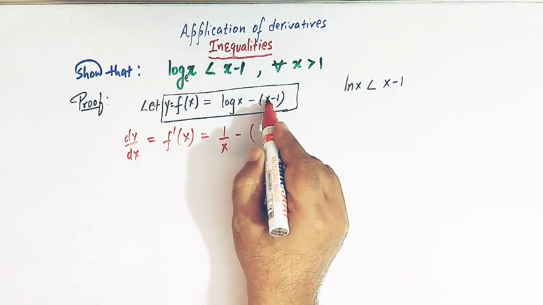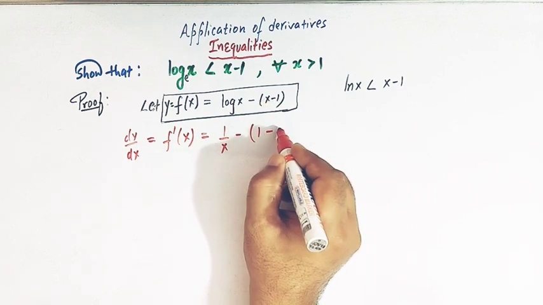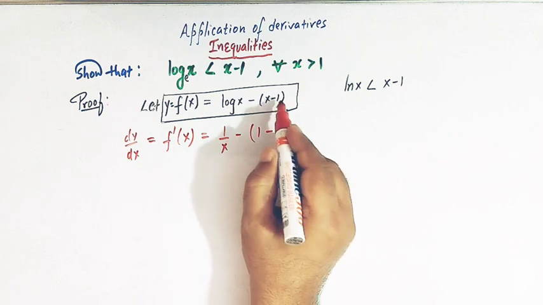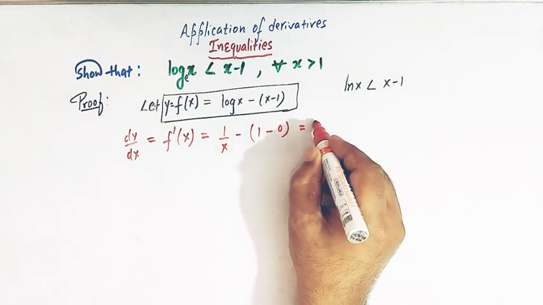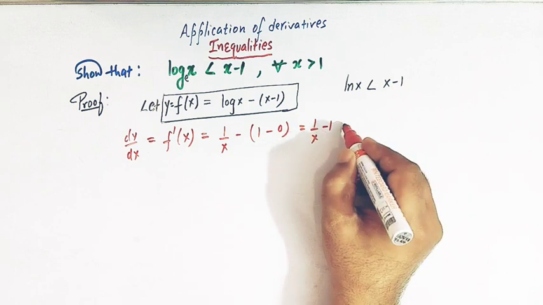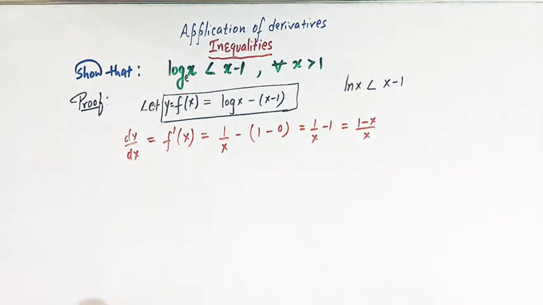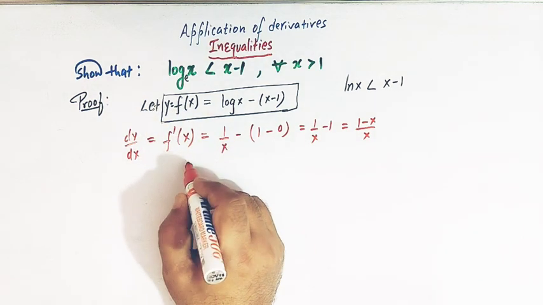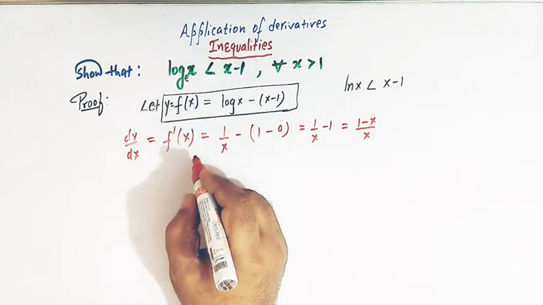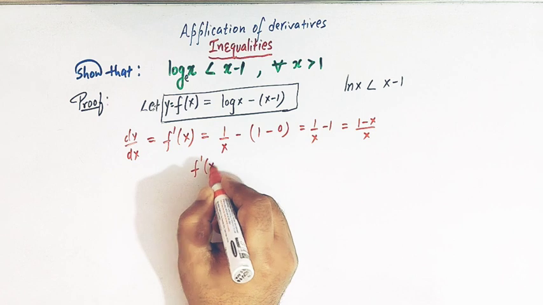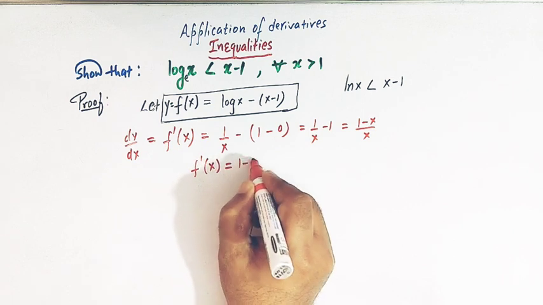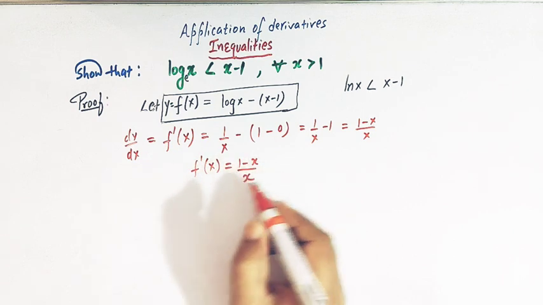And here the derivative of x is 1 and the derivative of 1 is 0 because 1 is a constant. So we have 1 over x minus 1, that is 1 minus x over x, right? So the derivative of this function f of x is equal to 1 minus x over x, right?